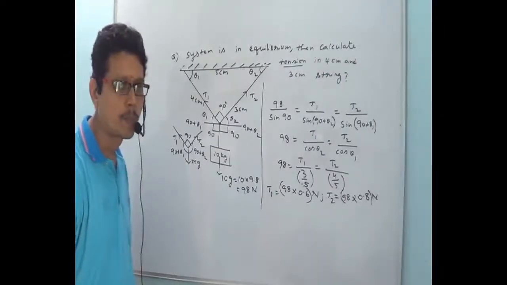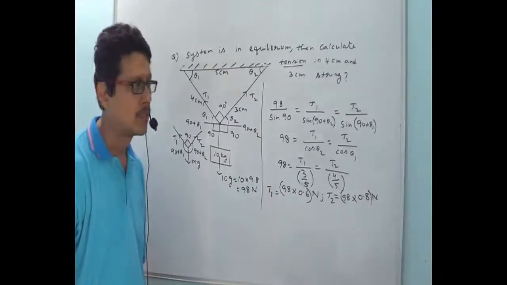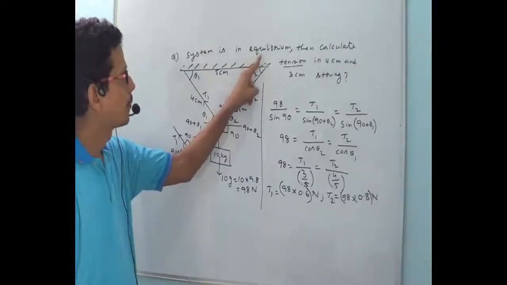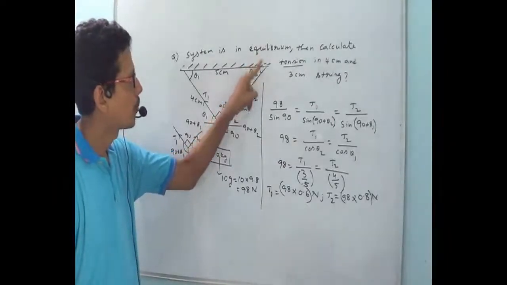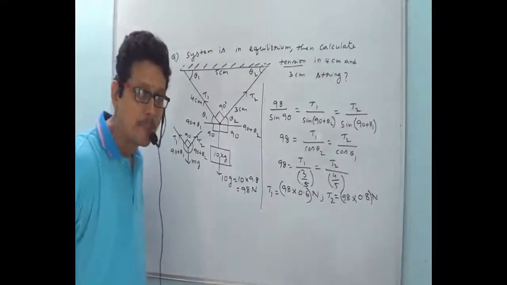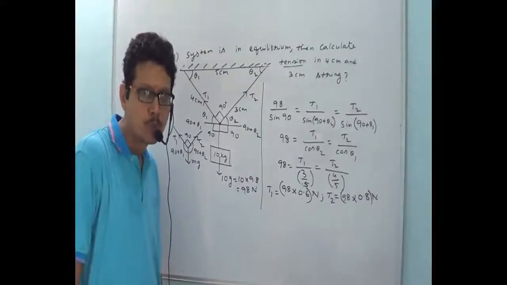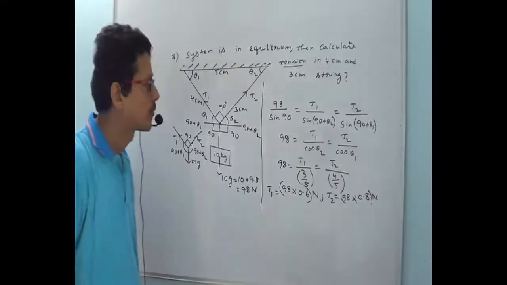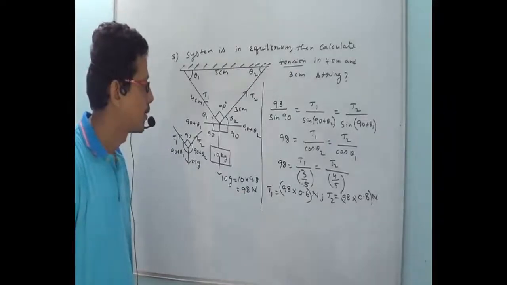Understood this? How to apply this Lami's theorem? The system should be in equilibrium. Otherwise, we should not apply. And then equilibrium means net force is 0. Okay? Resultant vector is 0.